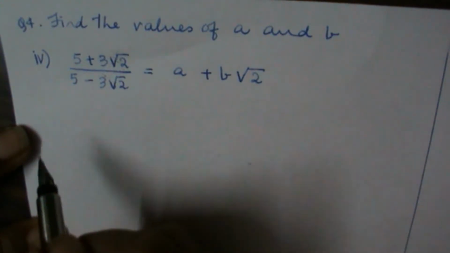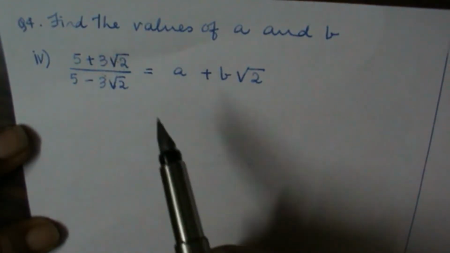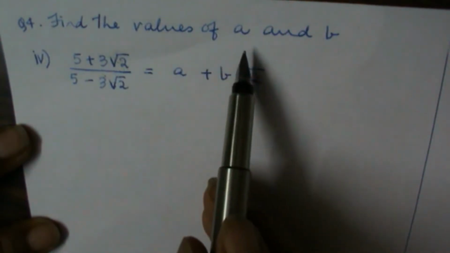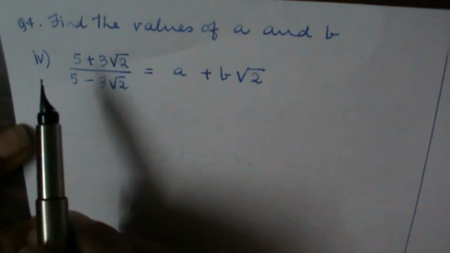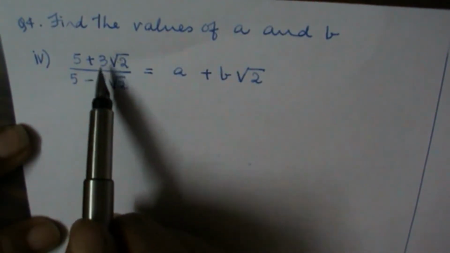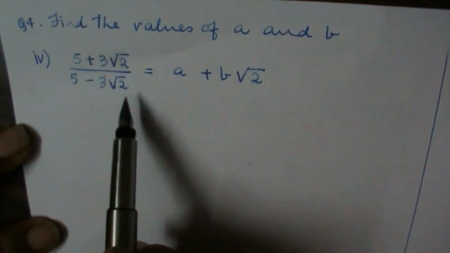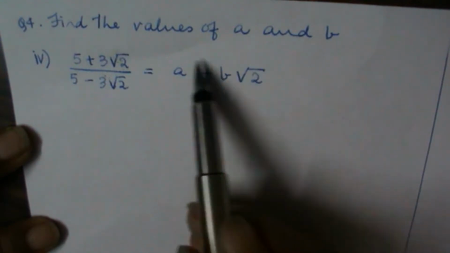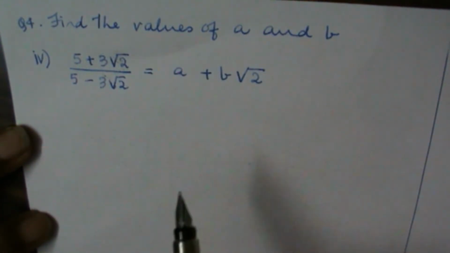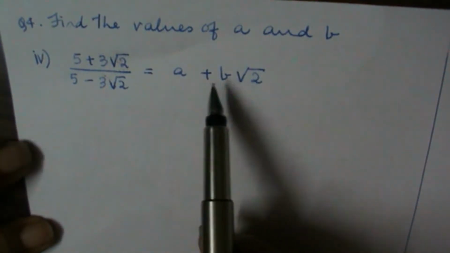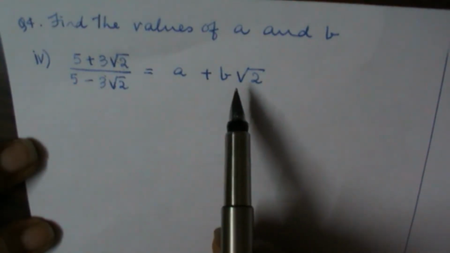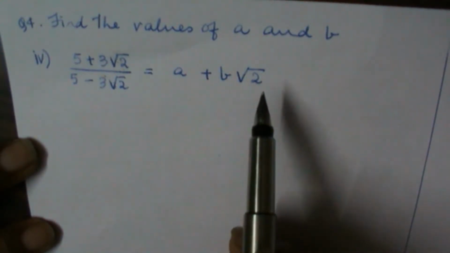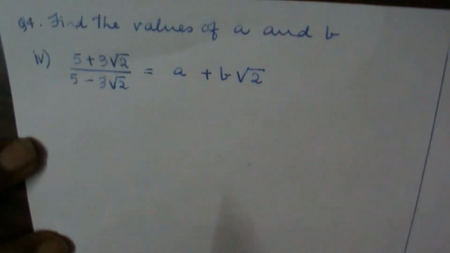Now we come to the last type, in which they will ask you to find the values of a and b, and they will give you an irrational number equal to another irrational number in terms of a and b. Now when you look at a question like this, you get kind of concerned. How am I going to do this?